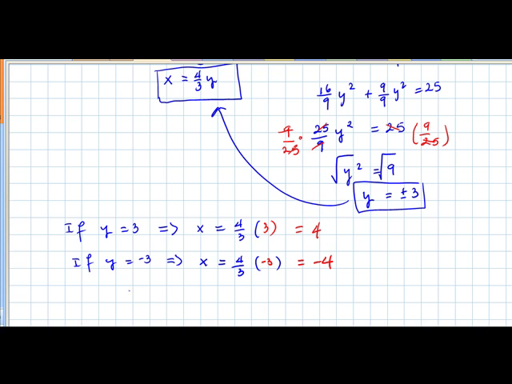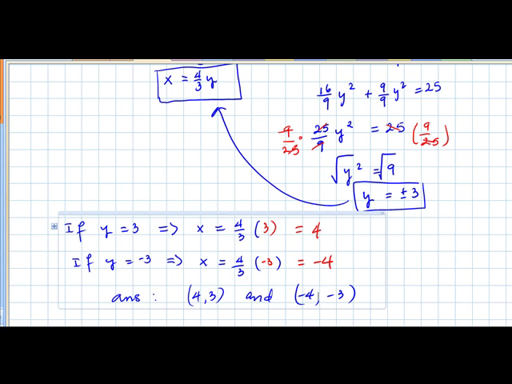So our solution, I have two answers. One is when y is 3, x is 4, so (4, 3), and (-4, -3). These are the two answers for the problem. You can always check your answer.